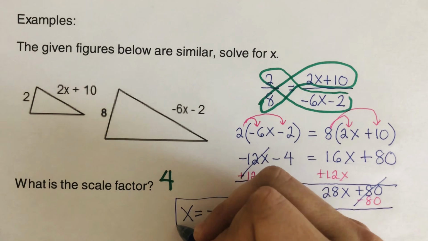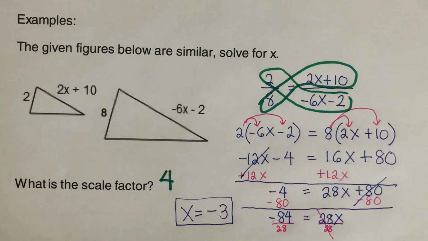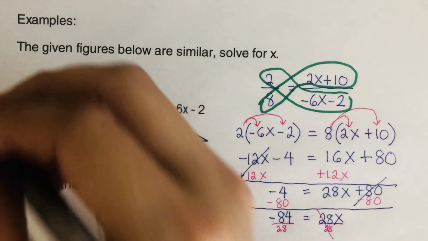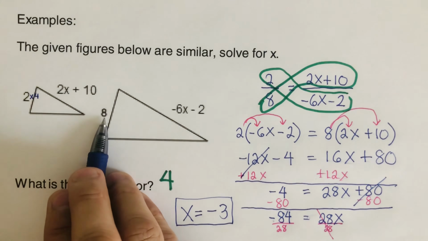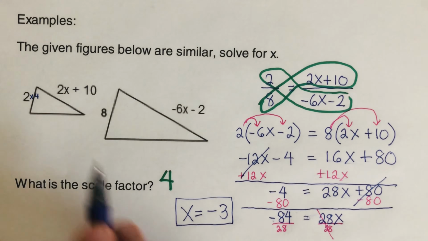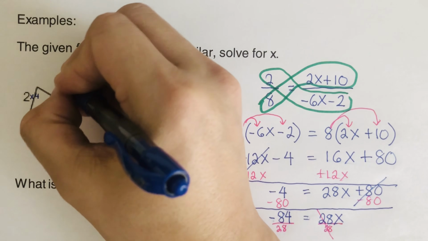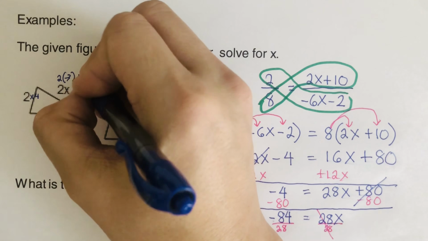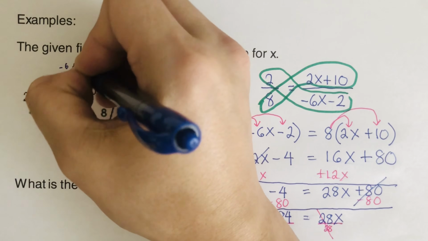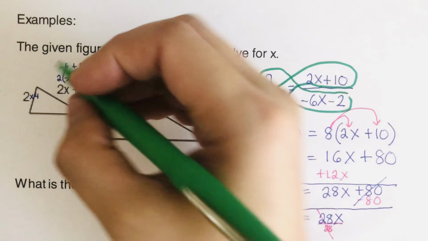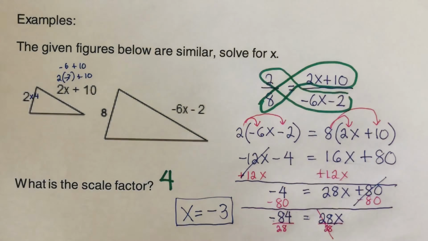So that's the x right there. And we can check if these two are multiplied by 4. So again, the scale factor is 4. So 2 times 4 is 8. Now let's plug in the negative 3 here. So 2 times negative 3 plus 10 is negative 6 plus 10, which is 4.